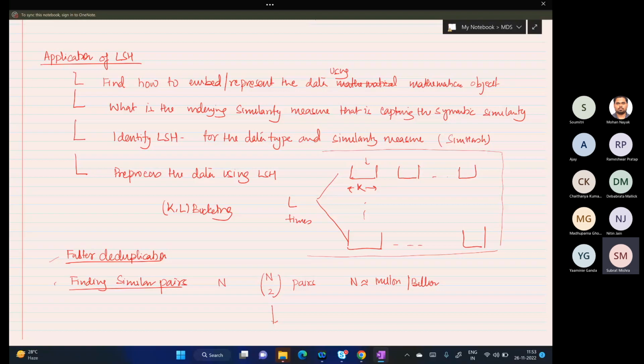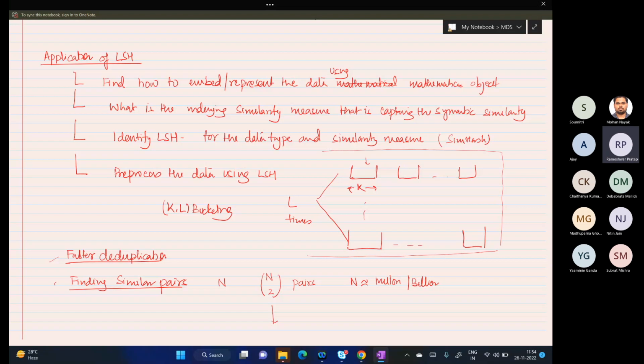Is it trial and error, or is it application specific? Can we know upfront that if this kind of problem is there, then Euclidean distance would make more sense than Jaccard similarity? How do we approach that? That is basically another problem.